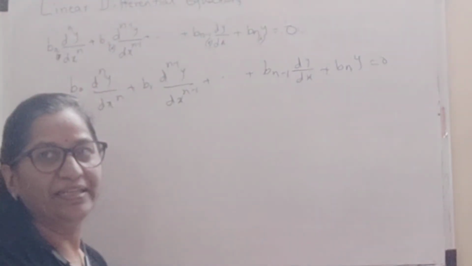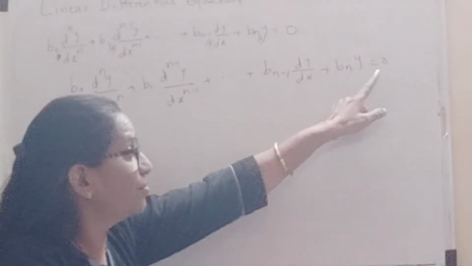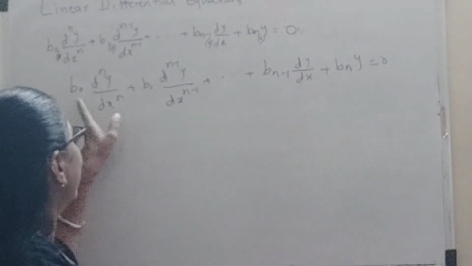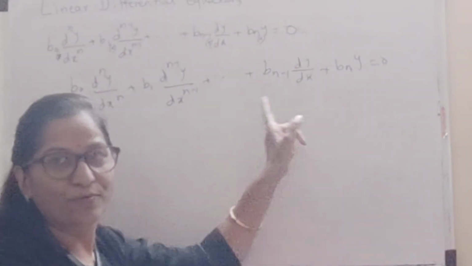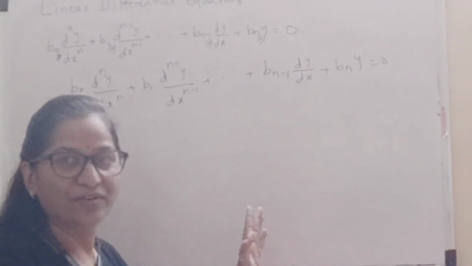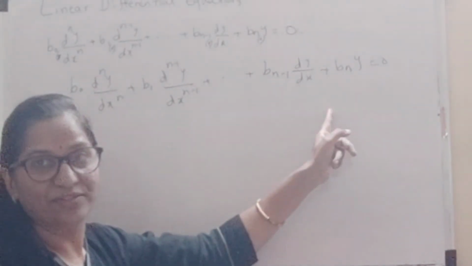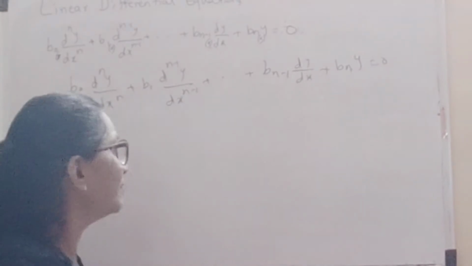Now this is a linear differential equation of nth order. Also it is homogeneous because the RHS is 0, as well as all the coefficients are constant. So it is a homogeneous linear differential equation with constant coefficients. In this topic we focus on this type of differential equation.